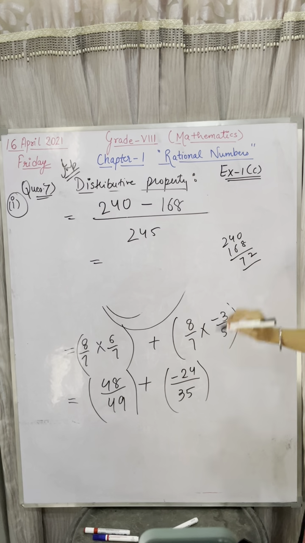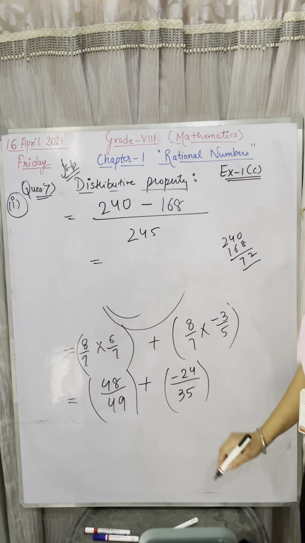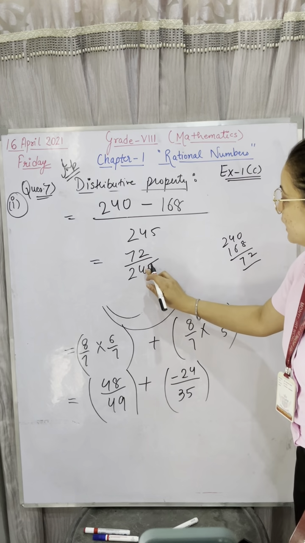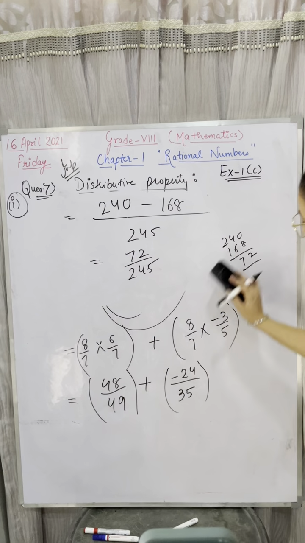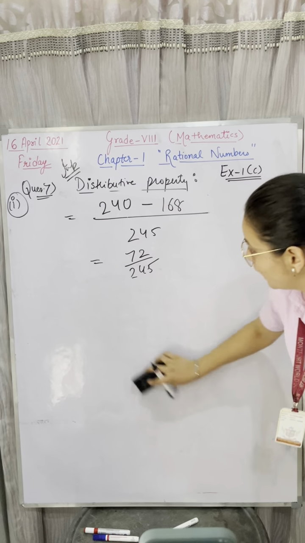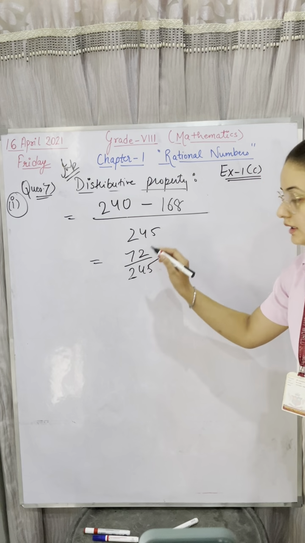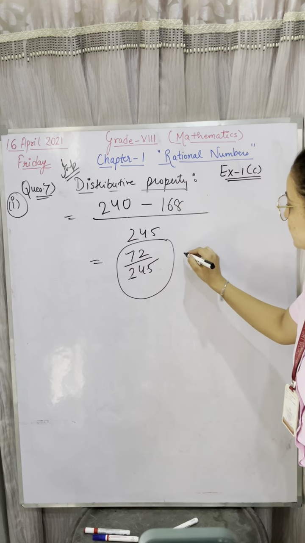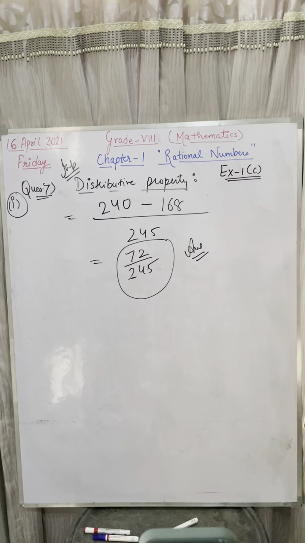Yes. So your answer will be 72 divided by 245. Can we cancel these two? Are they going on any table? No. So this will be your answer.